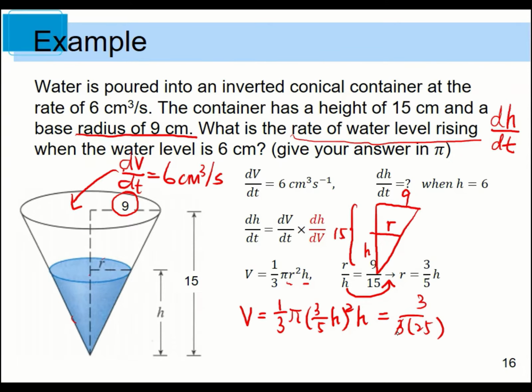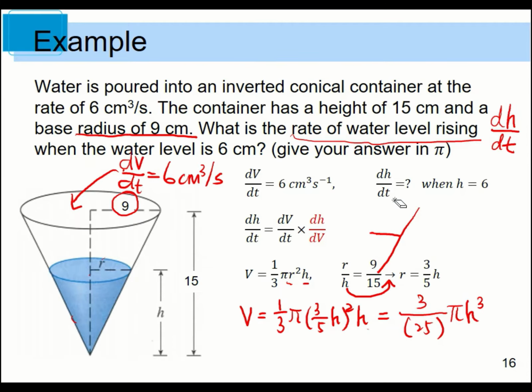After that, we have h squared multiplied by h, we have h cubed, and we have a π. So we write π h cubed here. So this is the equation of volume in terms of h only.